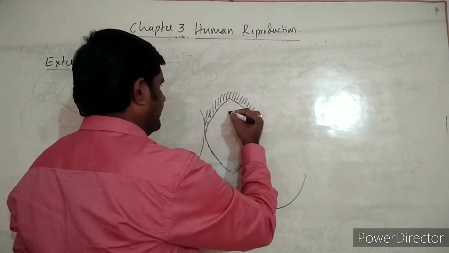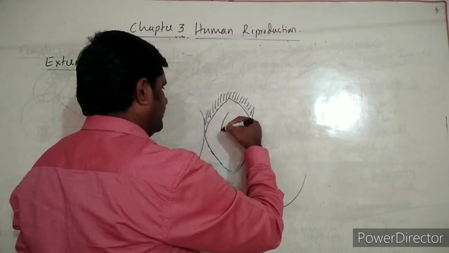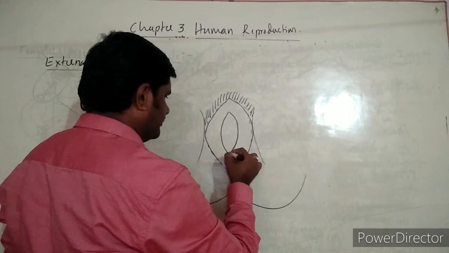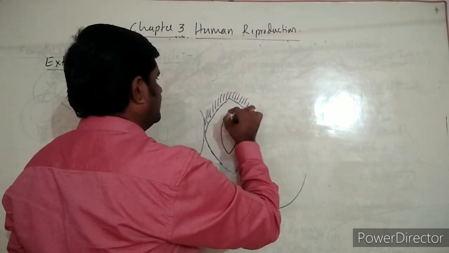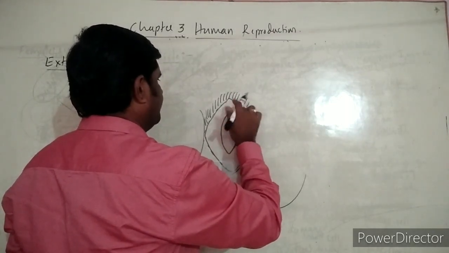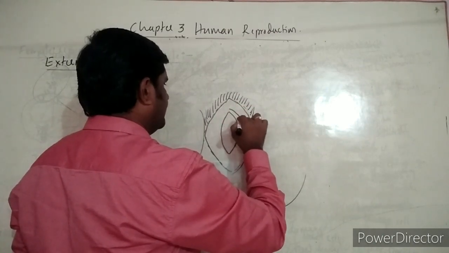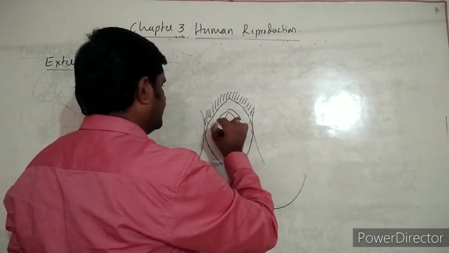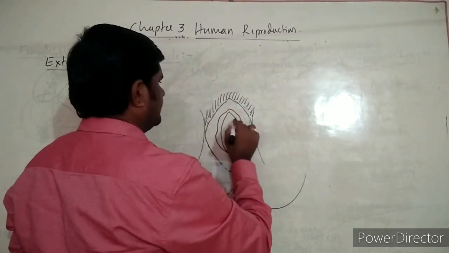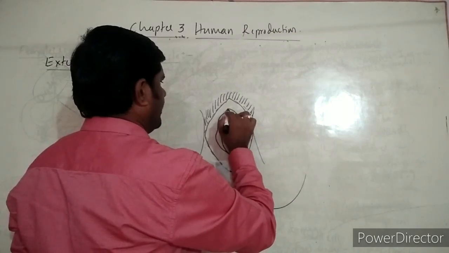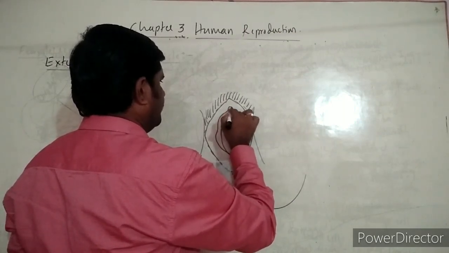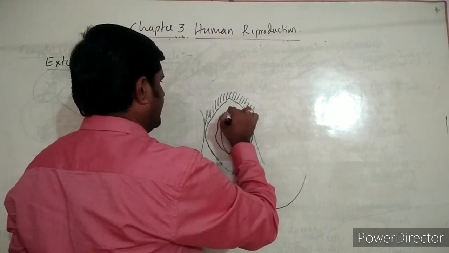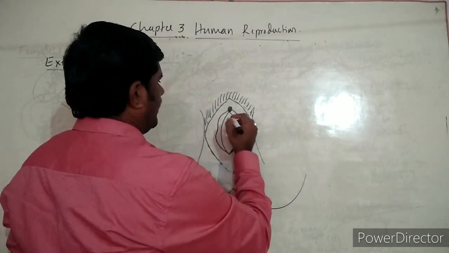And inside this labia majora, there is a thin fold of the skin that we come across here, and those thin folds of the skin are known as labia minora, at the junction of which you will find this kind of an erectile tissue over here.